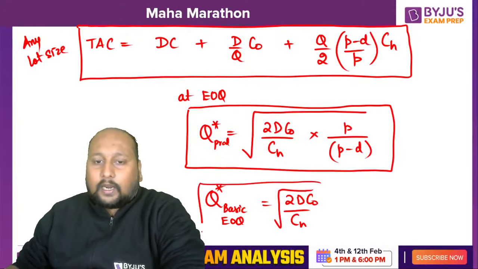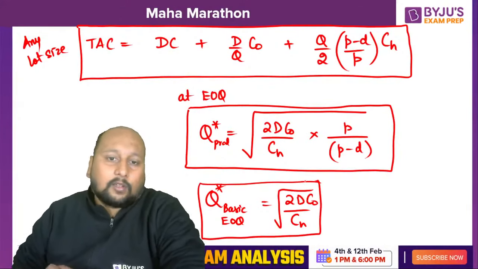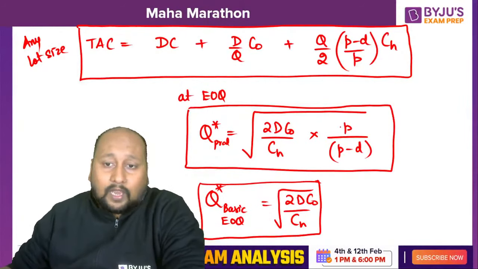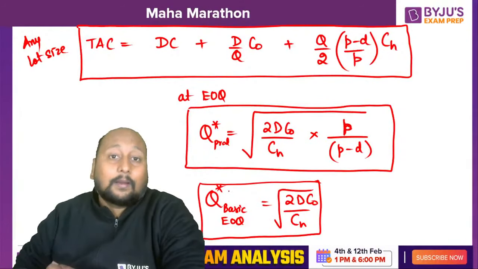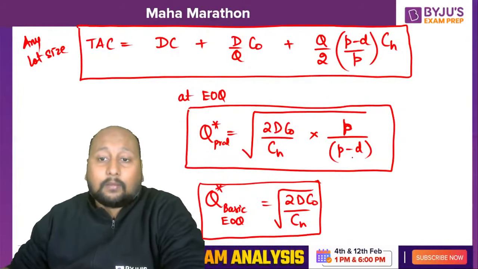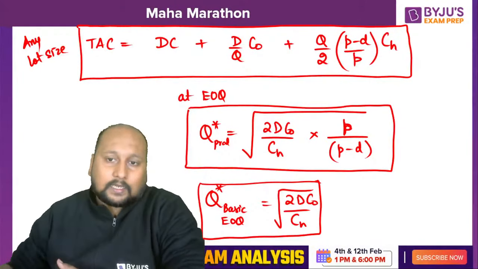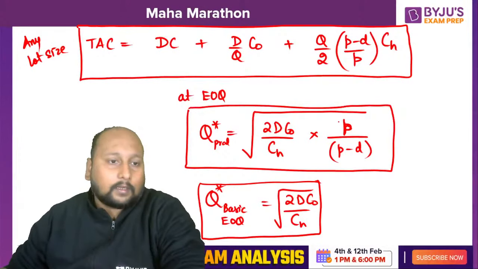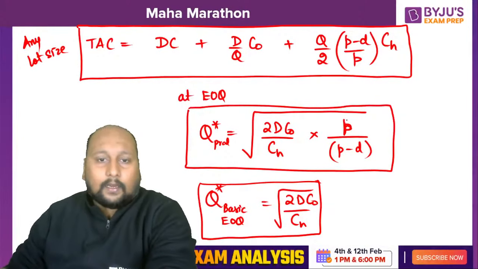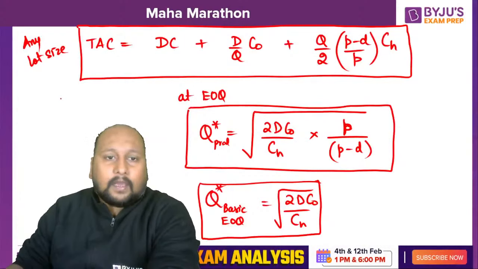And we know that basic EOQ will have a lesser value than the production based EOQ. So we have to multiply with a factor which is greater than 1, and this P upon P minus D is greater than 1. This factor we call the production factor. Okay, clear? So we can say P is the production rate.